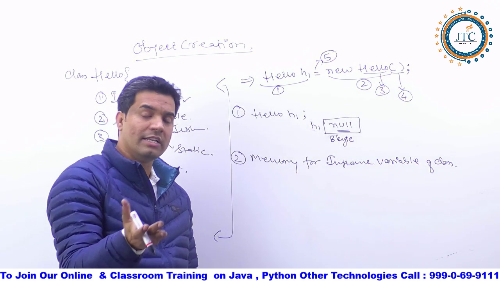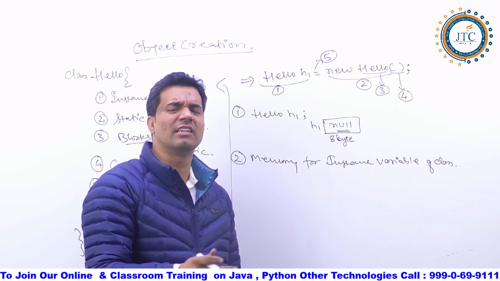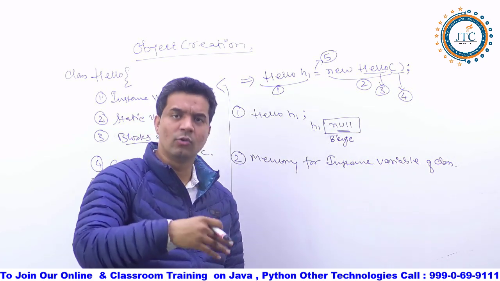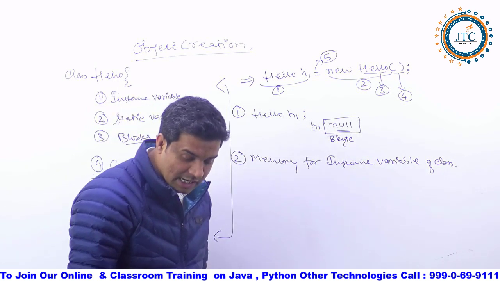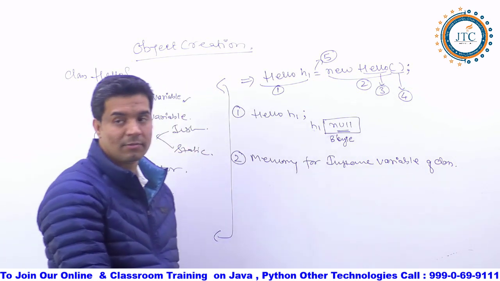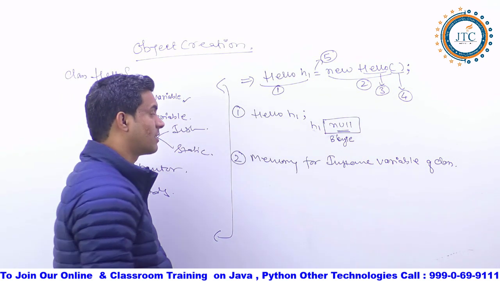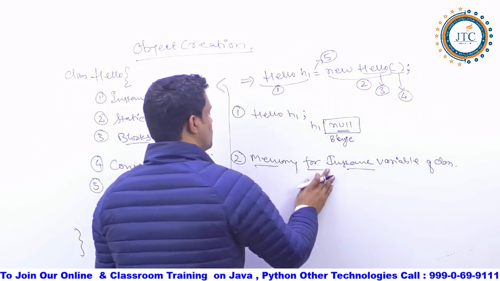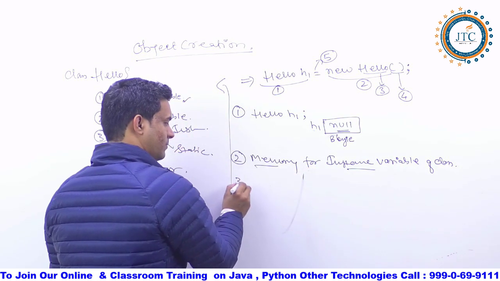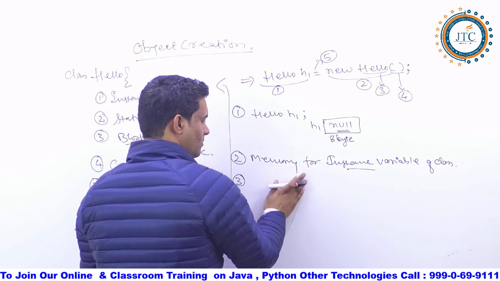In JVM memory management there are many things, and by concluding everything you will come to the final result and understand exactly what JVM memory management is and where things come from. So memory for the instance variables of a class, we are writing it here.